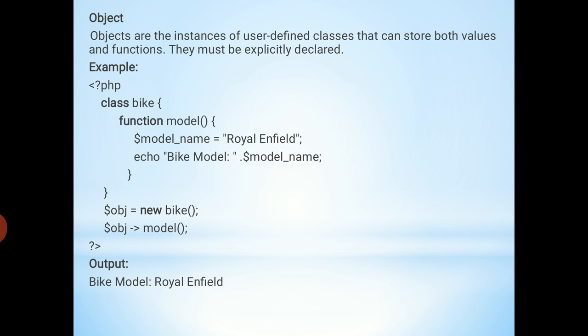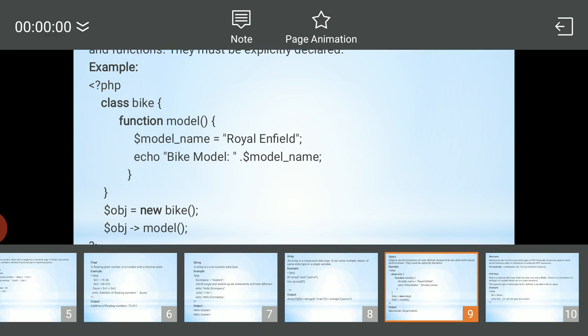Then create object: $obj is equal to new bike. Bike is a class. We created an object of the class. Then $obj and assign the value model. Model is the function. Then output will be displayed in web browser: bike model Royal Enfield.